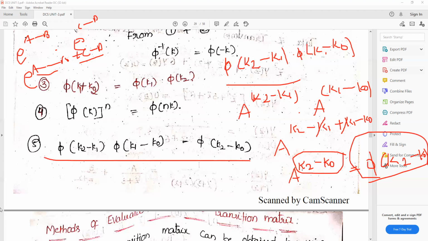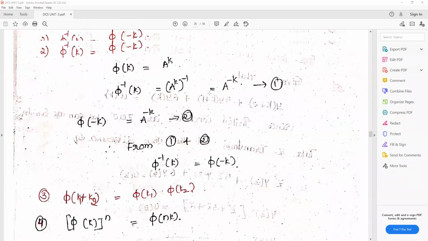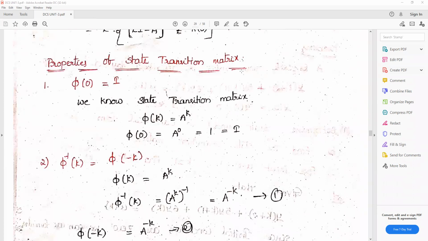So these are the state transition matrix properties. Explain the state transition matrix properties, 5 properties.